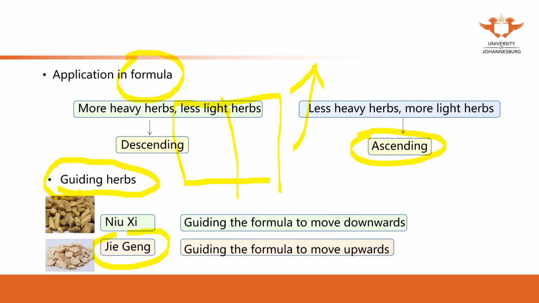If you want to make the formula move downwards, for instance, to treat some diseases in the lower part of the body, you can add niu xi. Then the formula will be descending. If you add jie geng, the formula will be ascending. That's due to the guiding herbs.